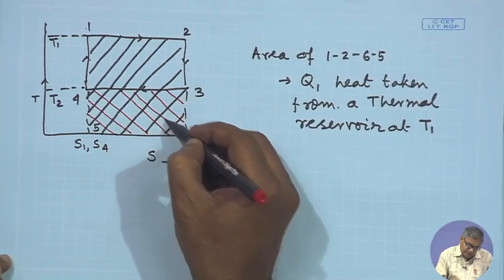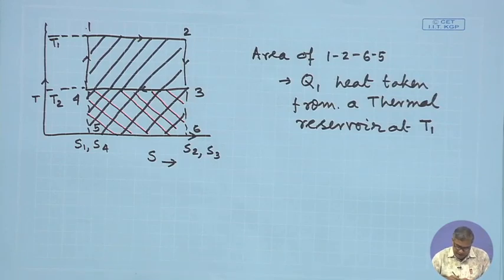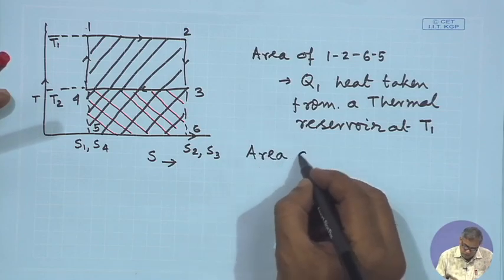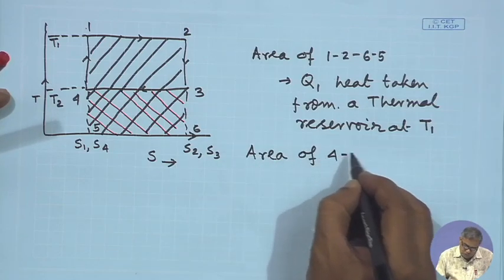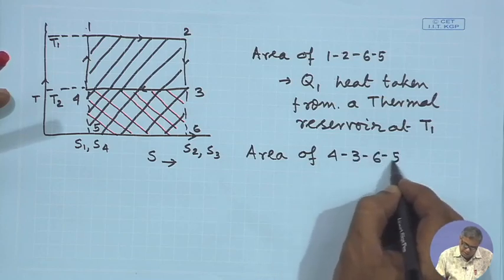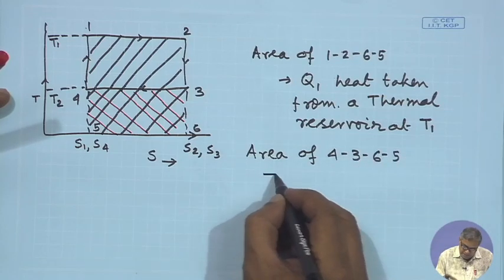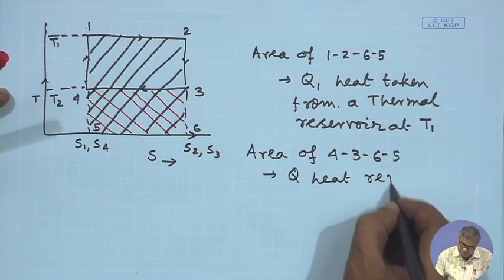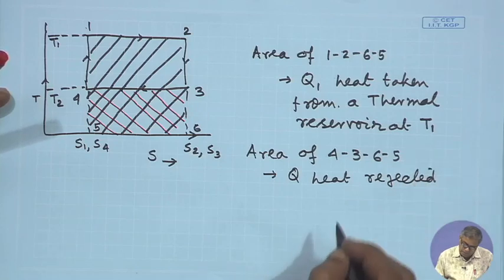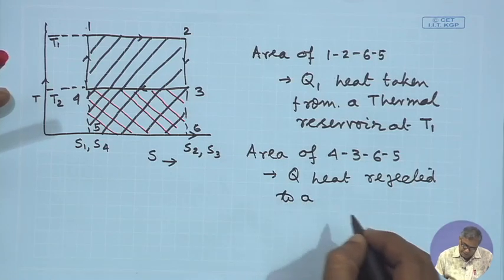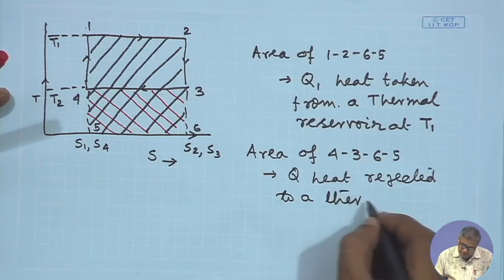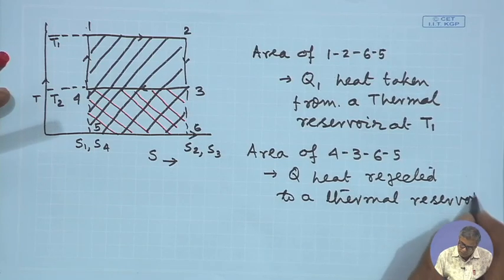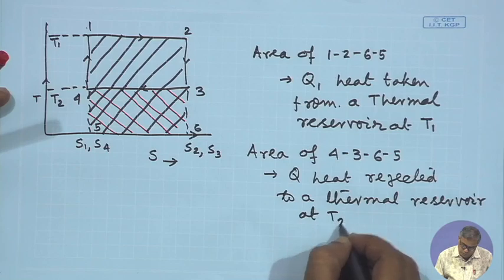is given by the area 4365. That gives Q 2, the heat rejected to a thermal reservoir at T 2.